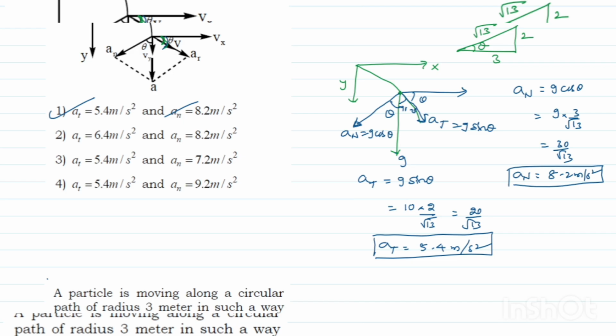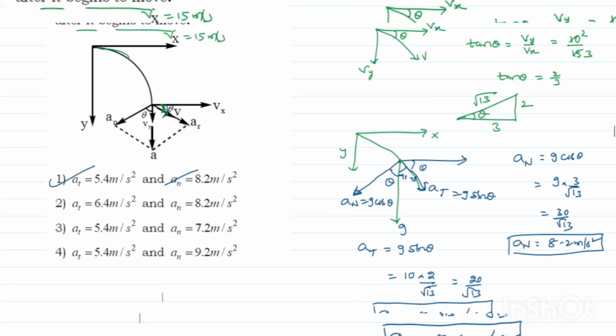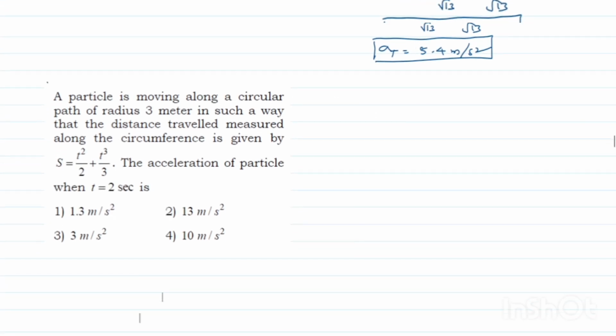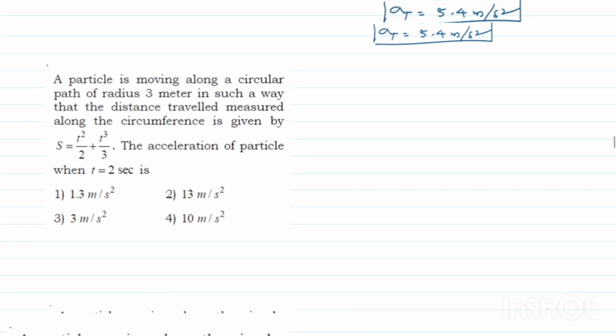Now let us see the next question. A particle is moving along a circular path of radius 3 meters in such a way that the distance travelled along the circumference is given as s equals t square by 2 plus t cube by 3.